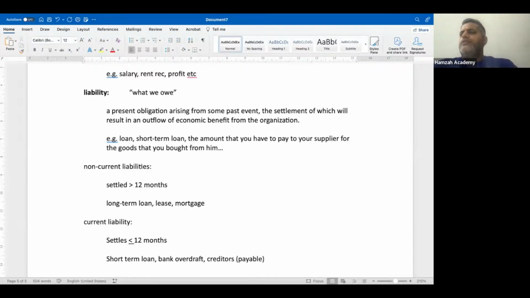Short-term loan, you have taken a loan for around 1, 2, 3, 4, 5, 6 months. That's going to be settled within the 12 months. Bank overdraft is a facility that is normally given to business accounts by the bank, where they can have a negative balance, right? Negative balance means I have a business account and I have taken this facility from the bank. I have around 60,000 in my account, but I have given a check to one of my suppliers for 70,000.